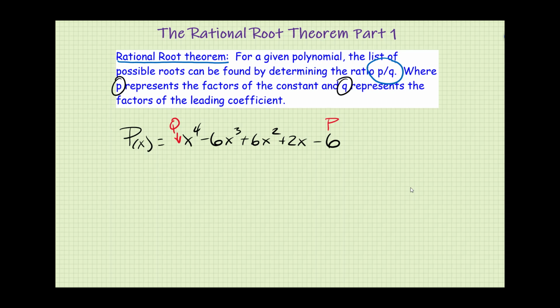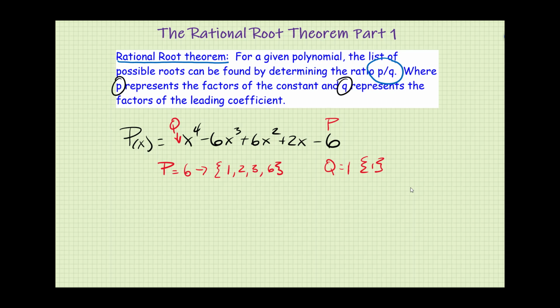So what we can do is list out the factors of p. p is 6, therefore its factors are 1, 2, 3, and 6. q is 1, and its set of factors is just 1.